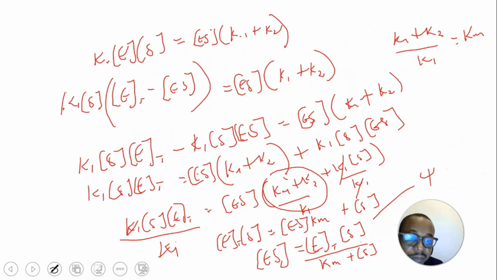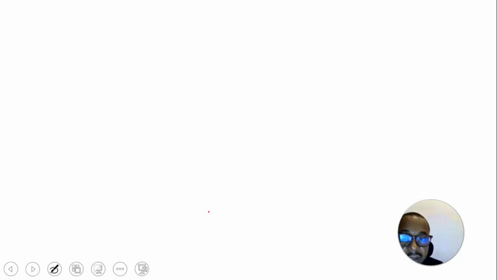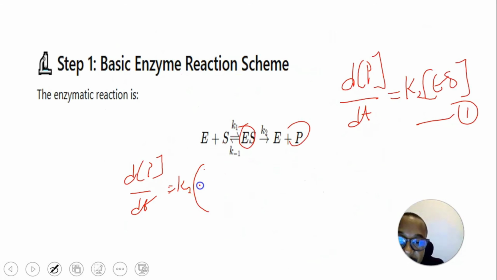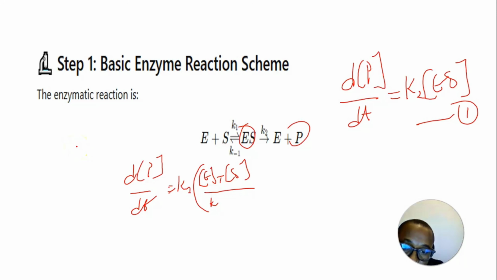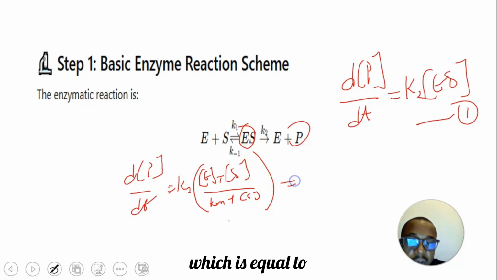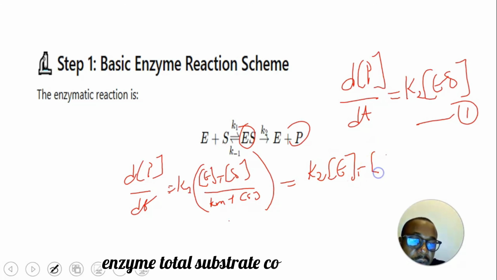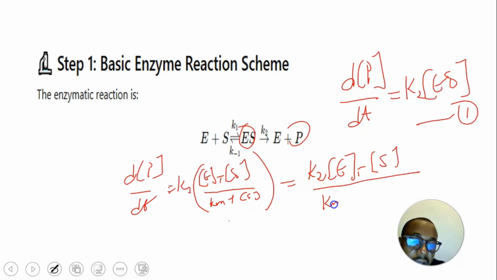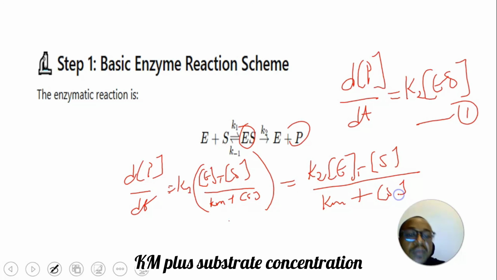Remember, equation 4 is enzyme total S over Km plus substrate concentration, which is equal to K2 enzyme total, substrate concentration over Km plus substrate concentration.